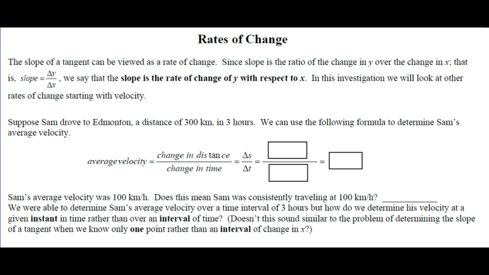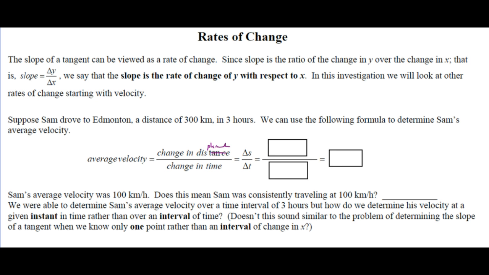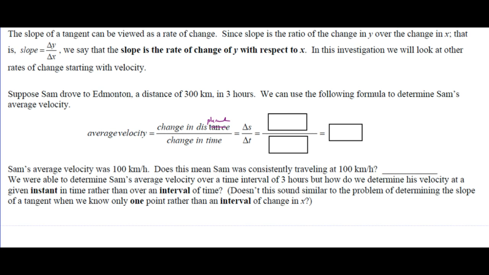We can use the following formula to determine Sam's average velocity, the change in displacement over change in time, delta S over delta T. Our change in displacement is 300 kilometers, and our change in time is 3, giving us 100 kilometers per hour.